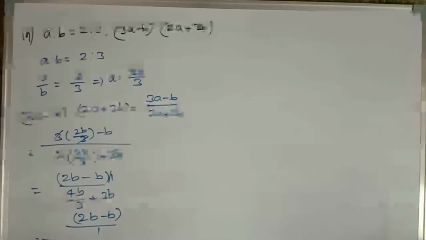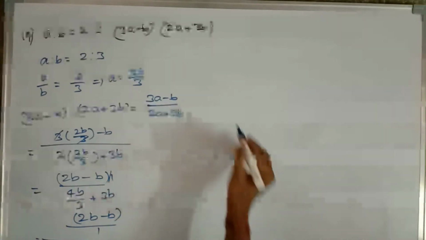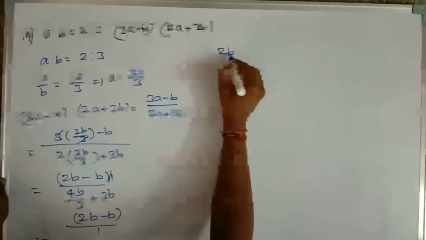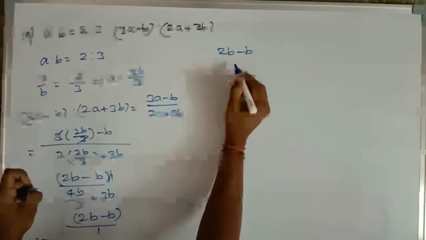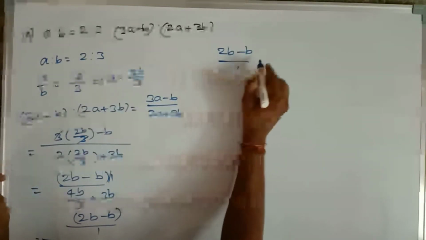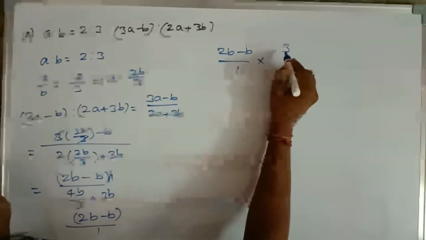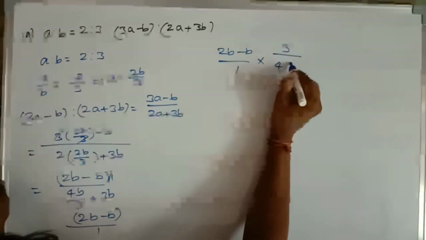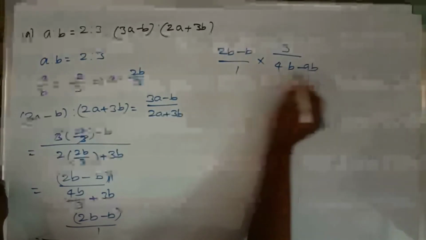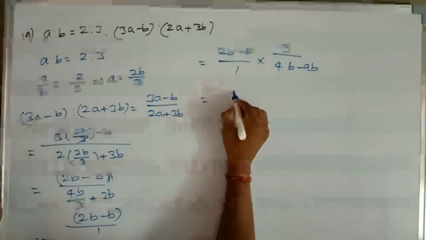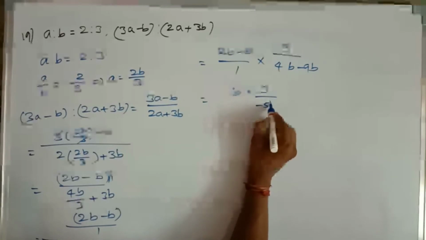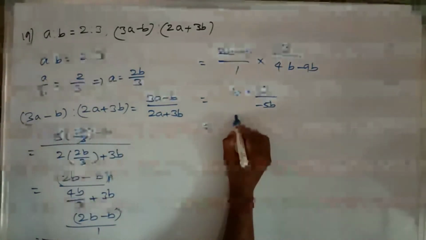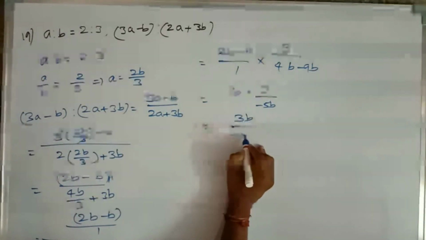Now I am going to do the reciprocal here, that is 2B minus B by 1 into 3 by 4B minus 9B. So 2B minus B is B into 3 by minus 5B. That's equal to 3B by minus 5B.